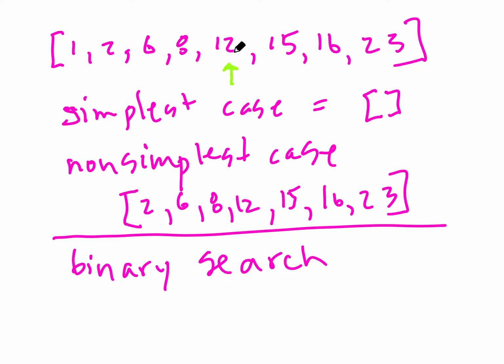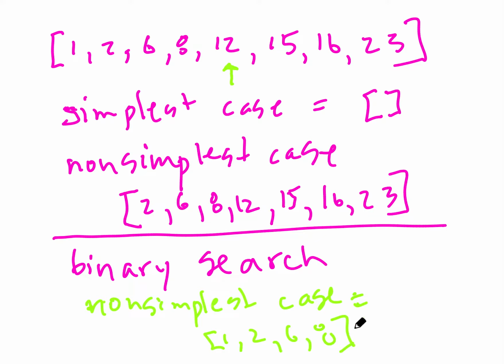So 9 is less than 12, and that means my non-simplest case is going to be all the members that are smaller than 12, because I know 9 is smaller than 12. And so basically I cut my list in half.